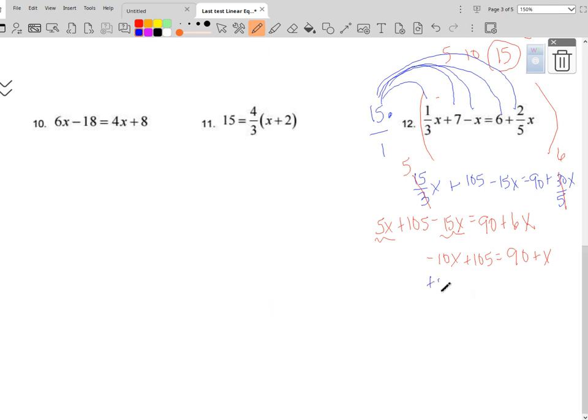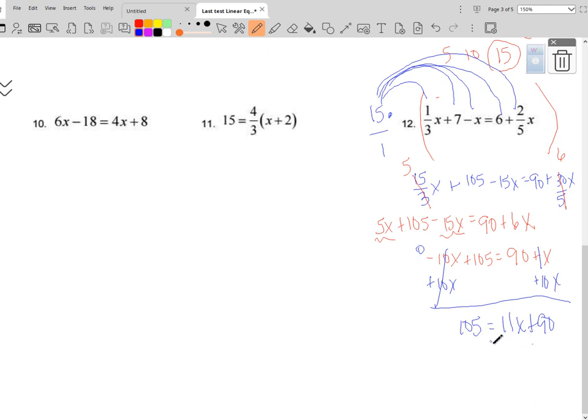So we're going to add a positive 10x. You add opposites, they're 0. This is 0 plus 105. And 90 plus 1x plus 10x. So I'm going to put 11x plus 90. That order doesn't matter.